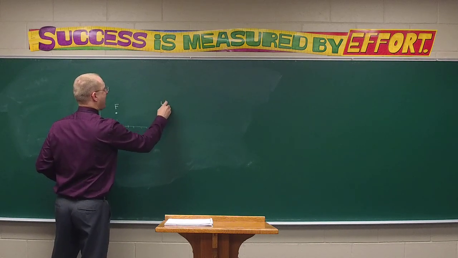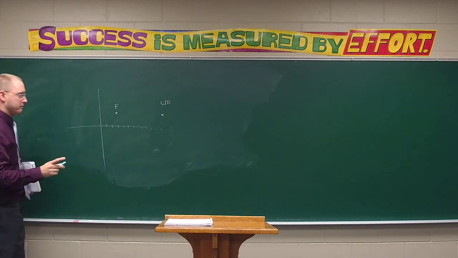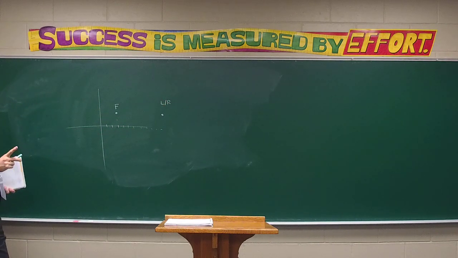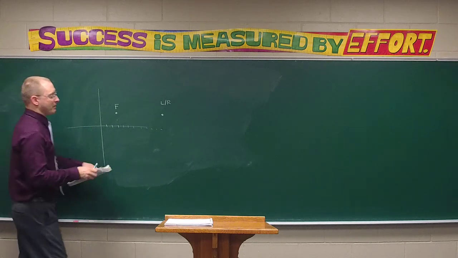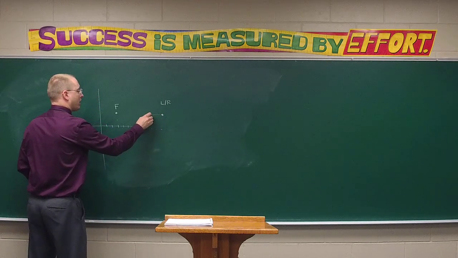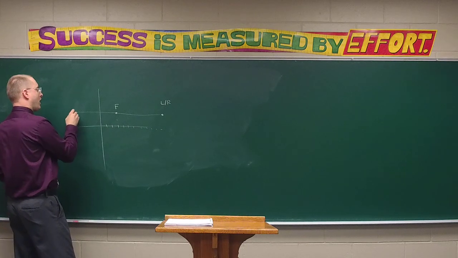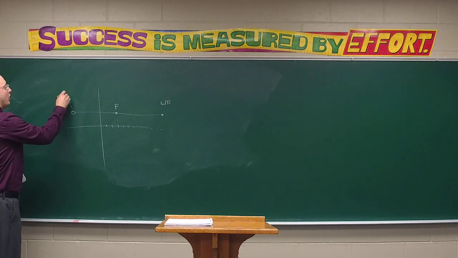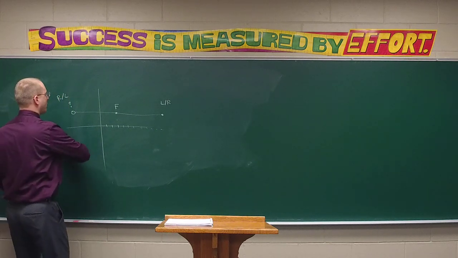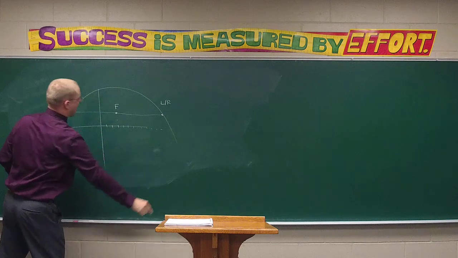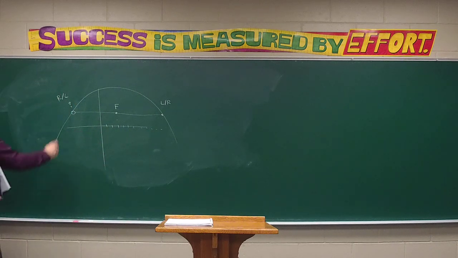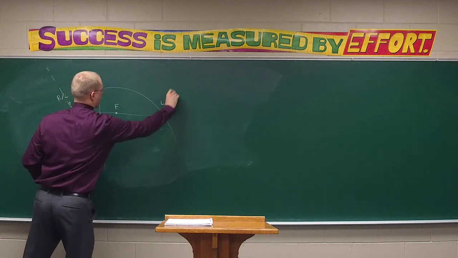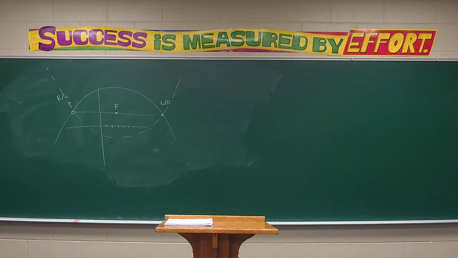Now this could be L or it could be R. If one end is here, the other end's got to be out here somewhere, correct? This is either R or L, depending on whether the parabola goes like that or like that. Does that make sense?